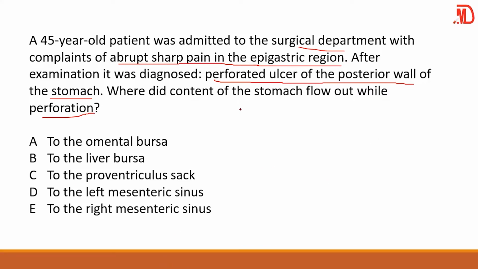There's a perforation of the posterior wall of the stomach, and easily we can go into the lesser sac, which is also known as the omental bursa. We've done this before. So this one here is the omental bursa. All right.